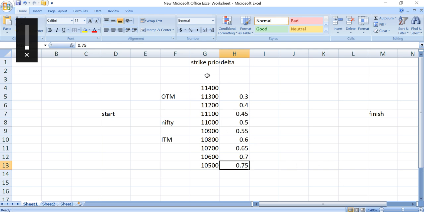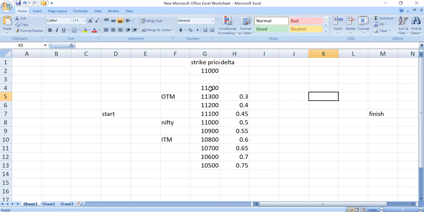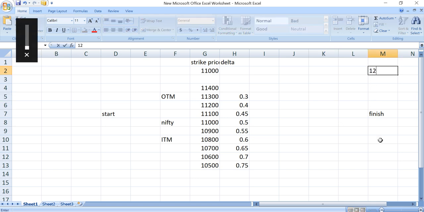Now as I told you, in today's present situation Nifty is at 11,000. Let us take Nifty as 11,000, and imagine that by the end of expiry, which is the finish line, Nifty will close at around 12,000.